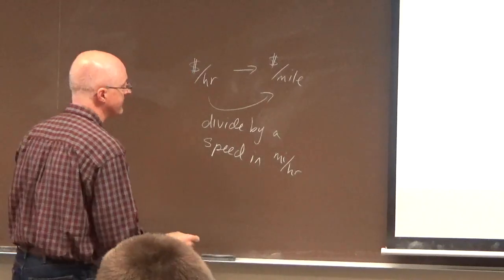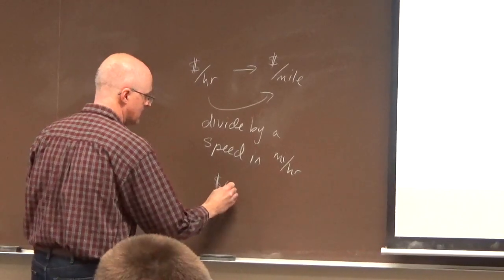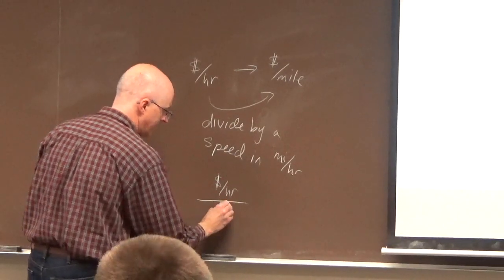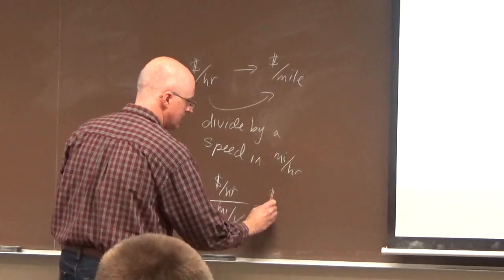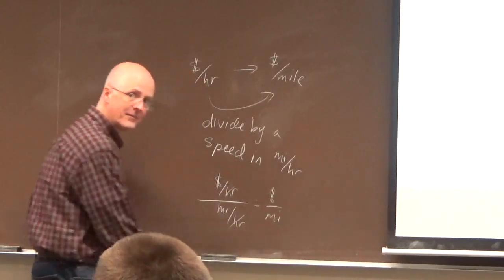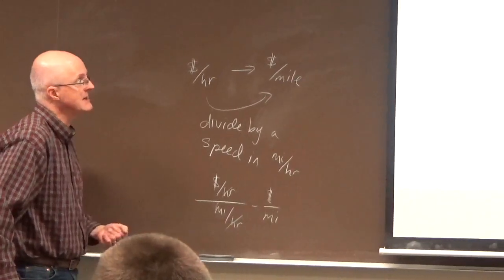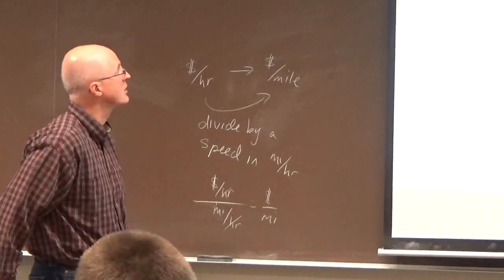If you're just thinking of it in terms of units and unit cancellation, you've got dollars per hour divided by miles per hour. The hour units are going to cancel and give you dollars per mile. So what we're going to do is take those hourly costs and divide by the speed in miles per hour. And that will convert the cost to dollars per mile.